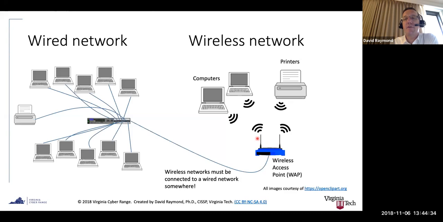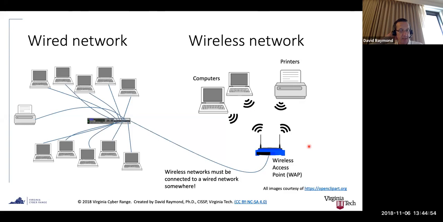And so here's how that works. On the wireless network side, you have multiple devices that are connected wirelessly to one or more wireless access points. And in a home network, you'll have a single wireless access point that serves that small location.